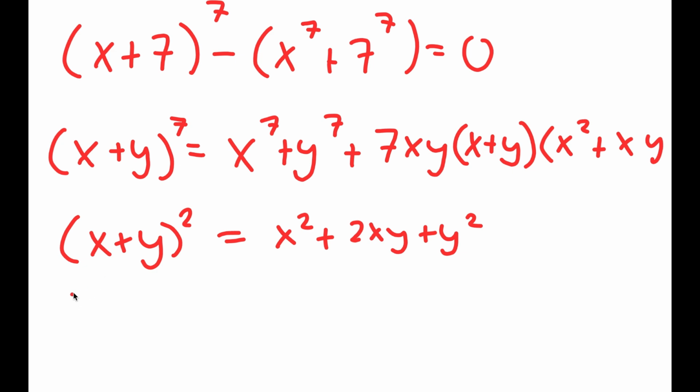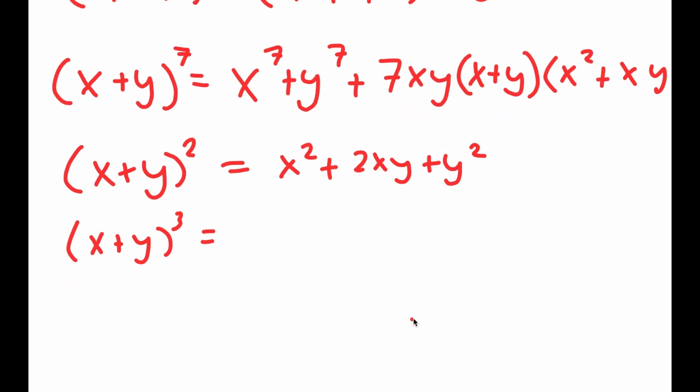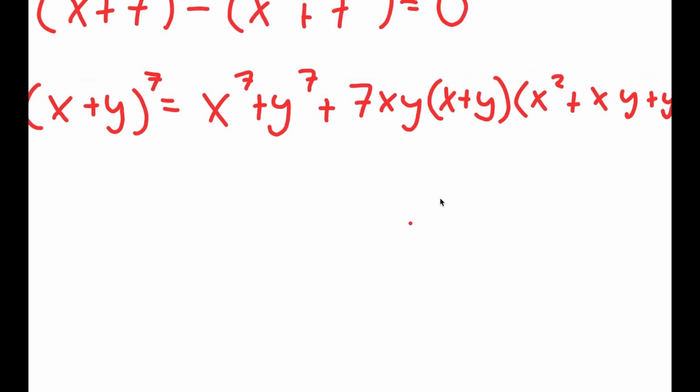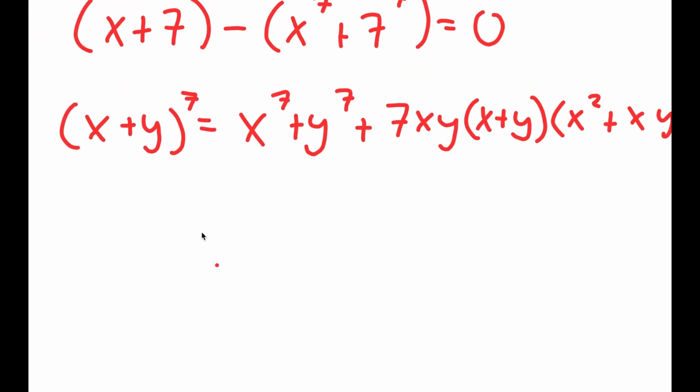And now (x + y)^3 is going to be more complicated, and it gets more complicated as it goes on and so forth. There's actually a certain algorithm to solve it, and if you want to find what that algorithm is, there's a lot of videos online to do that. So this is what (x + y)^7 equals, meaning we know that y is 7.